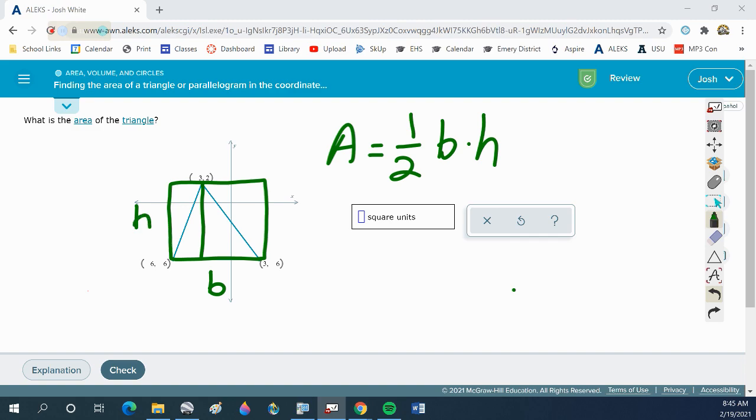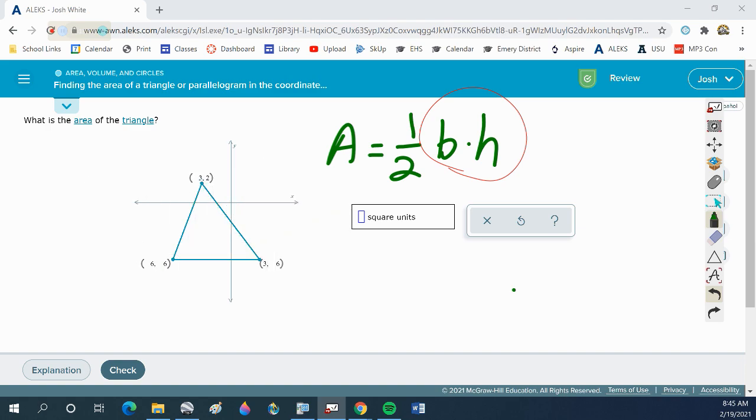But this triangle here is the same size as this triangle here. And this triangle here is the same size as this triangle here. So a triangle is always half as big as the rectangle that you can draw around it. So the formula is really easy. It says, find the area of the rectangle and then just cut it in half.